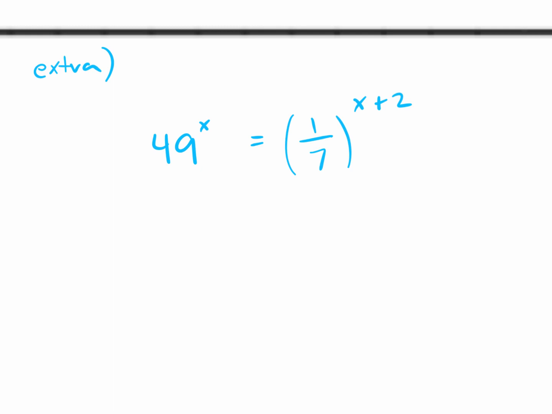So if they both have exponents, we need to get them to have the same base. How could I get these to have the same base? I can't change the value of 1 over 7. Whatever I make it, it has to be 7 to what power? 7 to what power would give me 1 over 7?